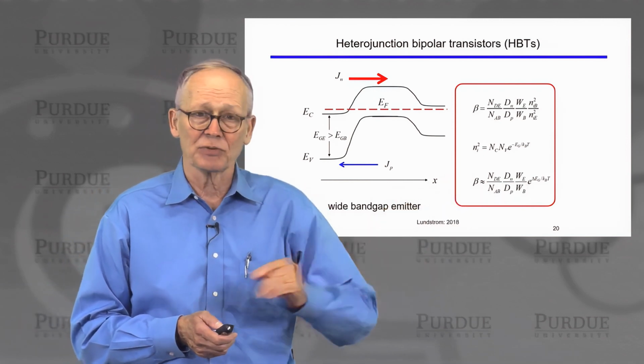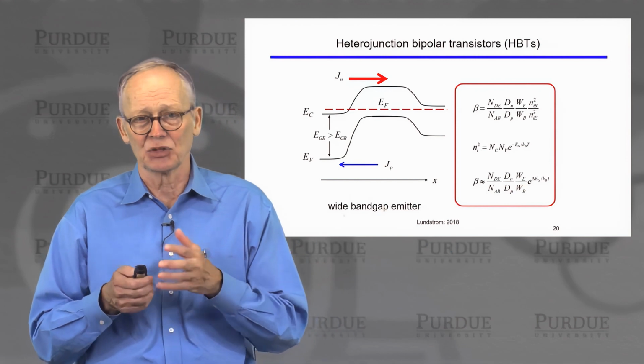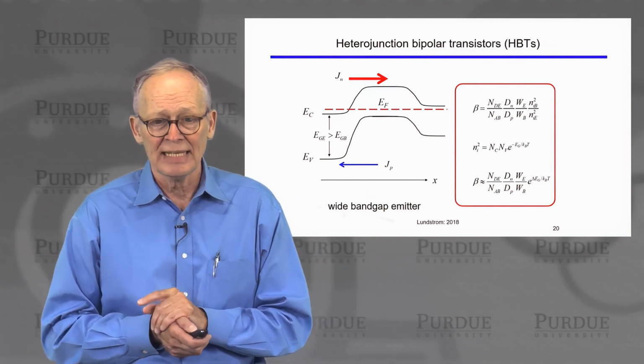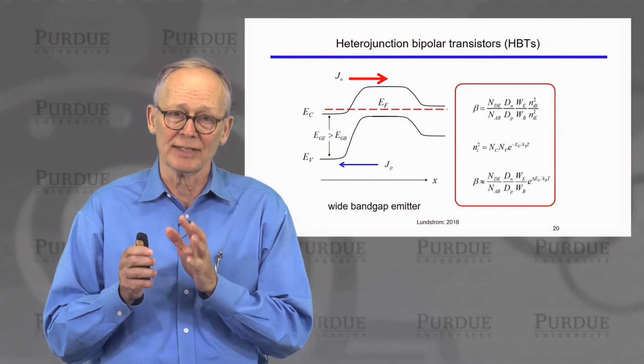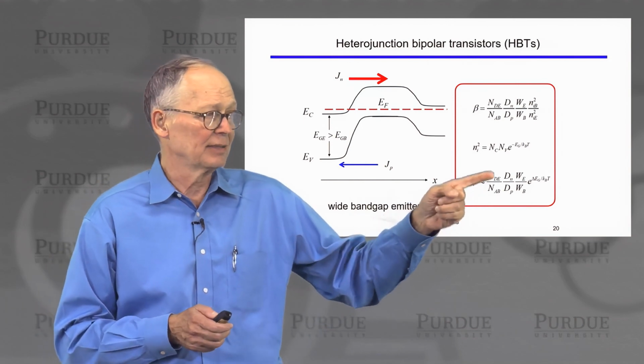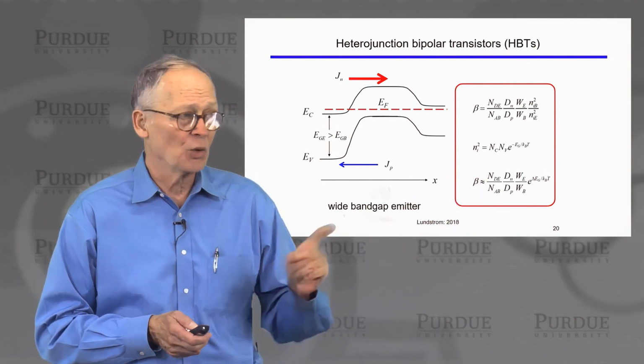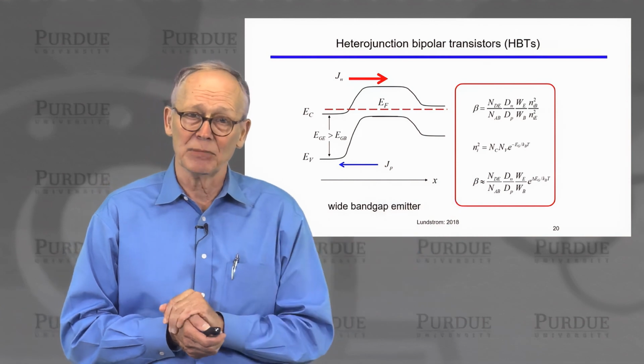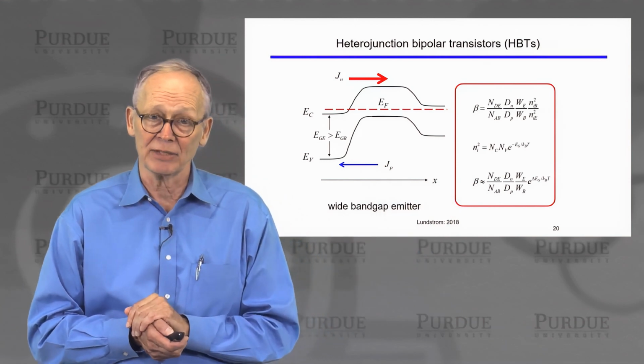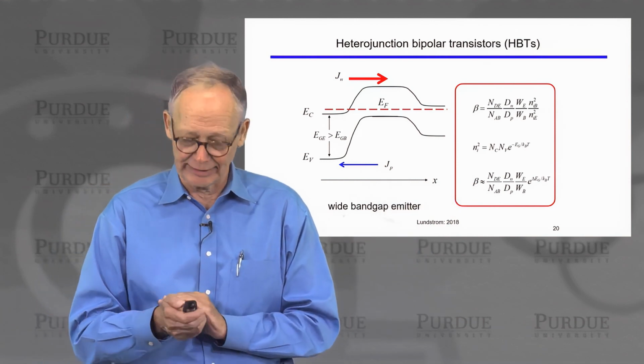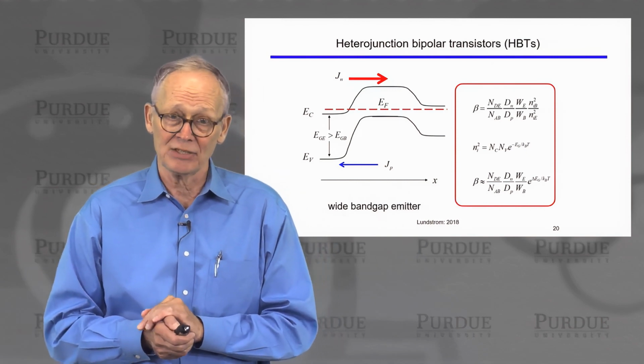That number, just for a small bandgap difference of 2 or 3 tenths of an electron volt, can give us an enormous number that will offset this ratio of doping densities. We can, in fact, make the base much more heavily doped than the emitter and still get acceptable current gain. That is the primary advantage of an HBT.